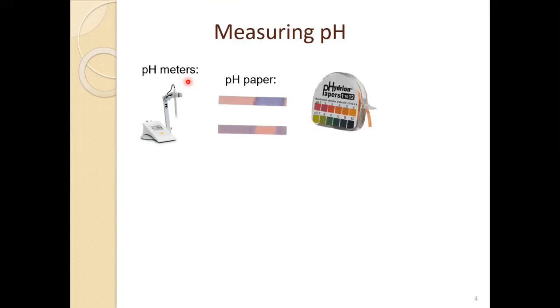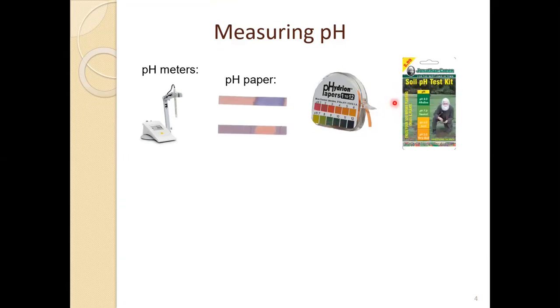There's other pH paper that gives you more than just two colors, where you can use various shades of color to give you at least an approximation of what the pH is. So if it's a greenish color, then the pH is approximately 9. It doesn't tell you whether it's 9.21 or 9.11, but it's approximately 9.